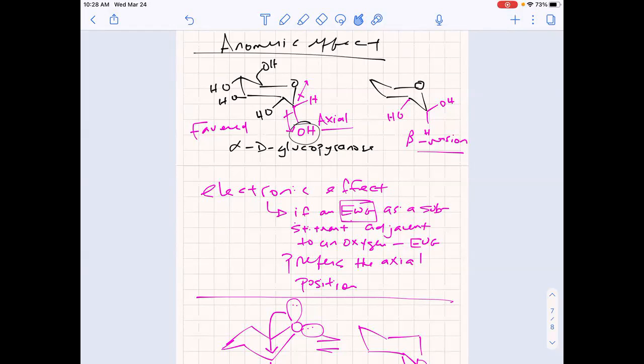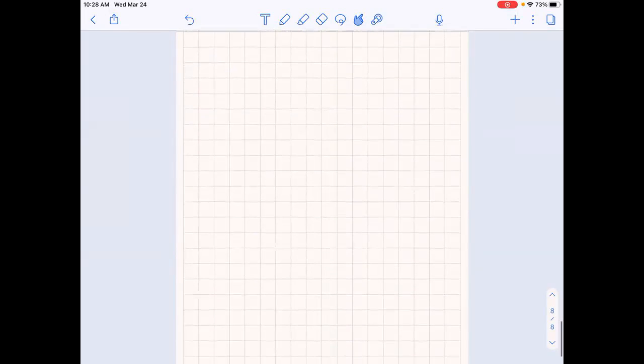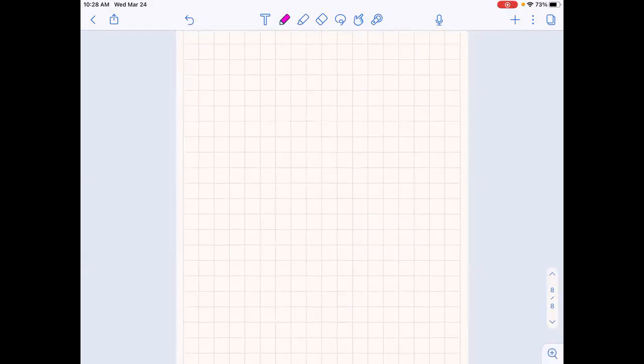All right, so let's talk about this acylation reaction of cyclohexanol, and we want to talk about the 4-tert butyl cyclohexanol.